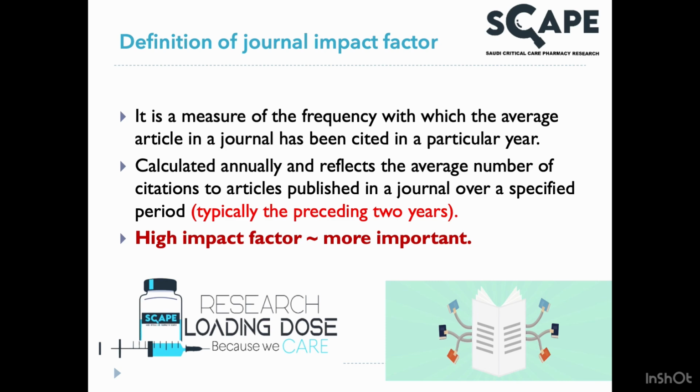This is a number calculated annually, and it reflects the average number of citations to articles published in a journal over a specified period. Mostly this is a 2-year period. A high impact factor means a more important, more prestigious journal, and that means high quality publication in this journal.